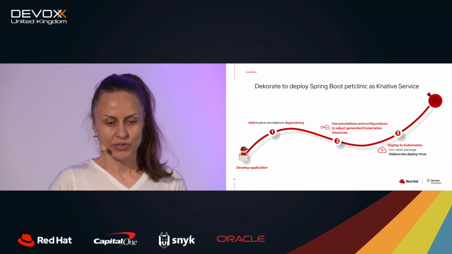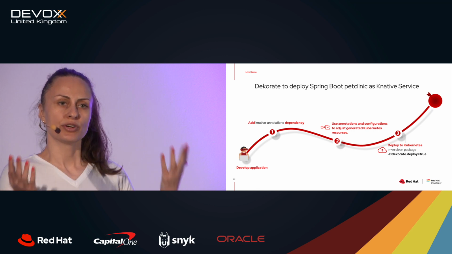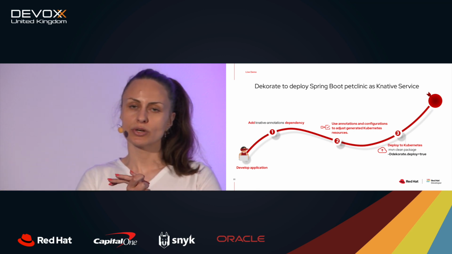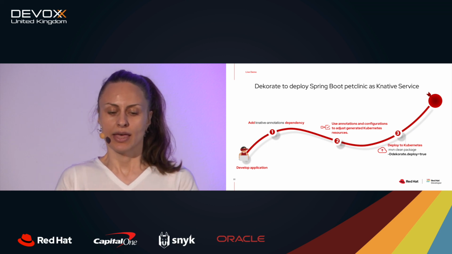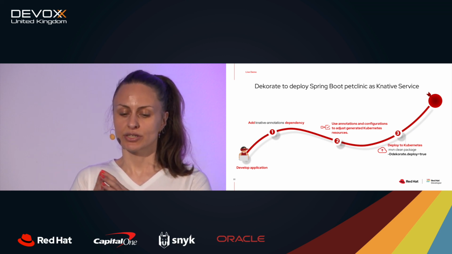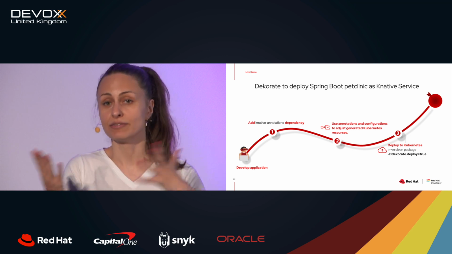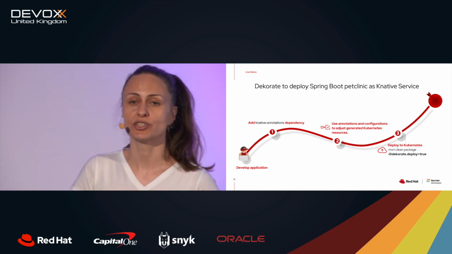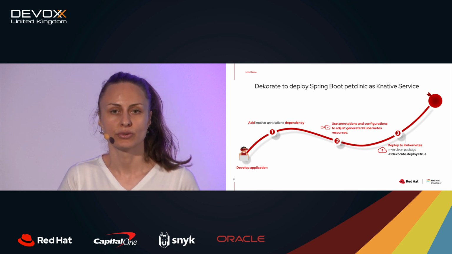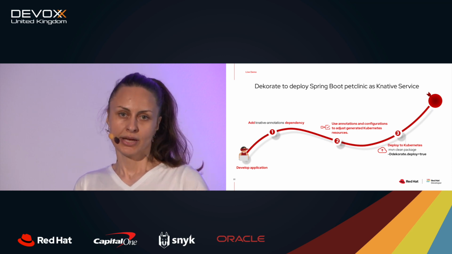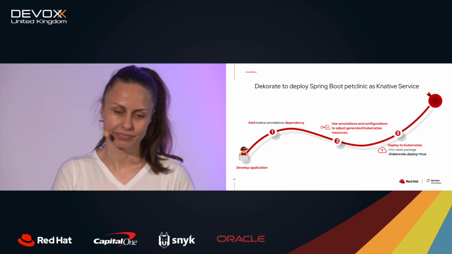So to summarize a bit, for the SpringBoot situation, in order to work with Dekorate, we just need to add the Knative Annotations dependency, and then we can use annotations or configurations if we like, to adjust the generated Kubernetes resources. And again, we can use the Dekorate deploy true, or you can use kubectl, and it works like a charm.